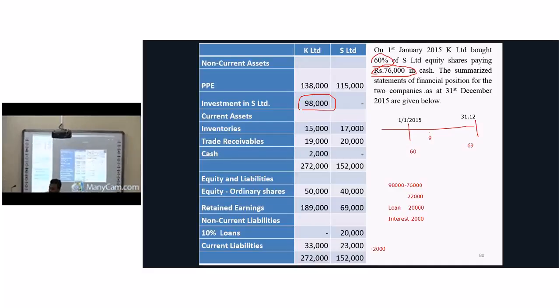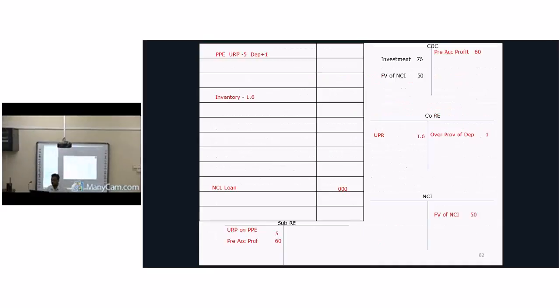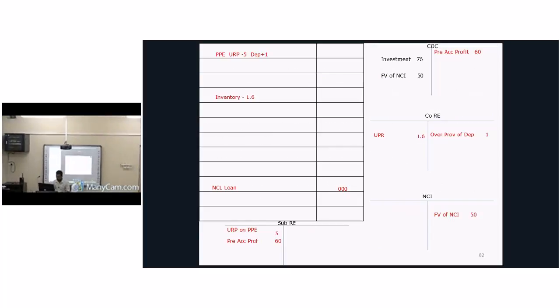So it should be eliminated in full from current liability. We have to subtract 2000 as interest payable to the parent.